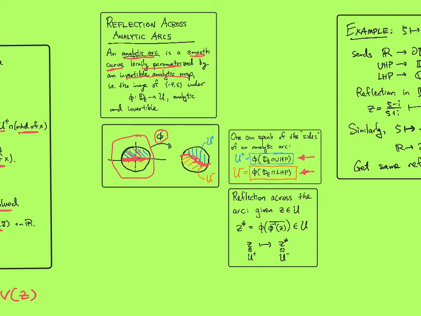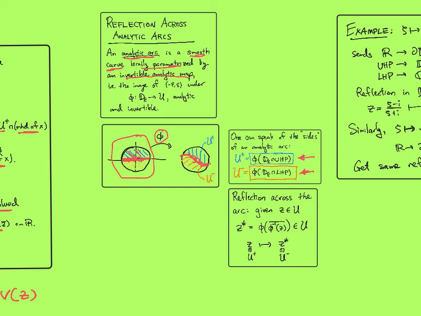So at every point you'd have to have a description like this, and maybe you don't have a global way of doing this. But once you have this, you can locally define a notion of reflection, and if you're really careful, you can show that this is independent of the choice of phi.